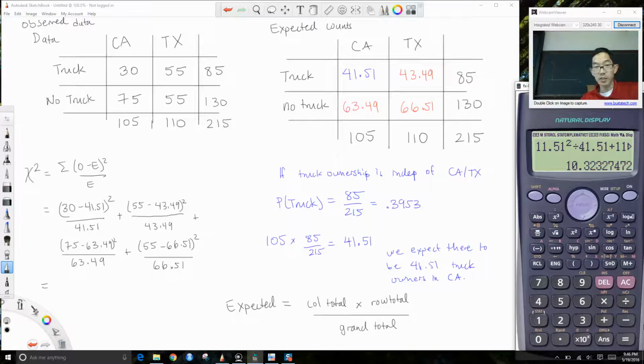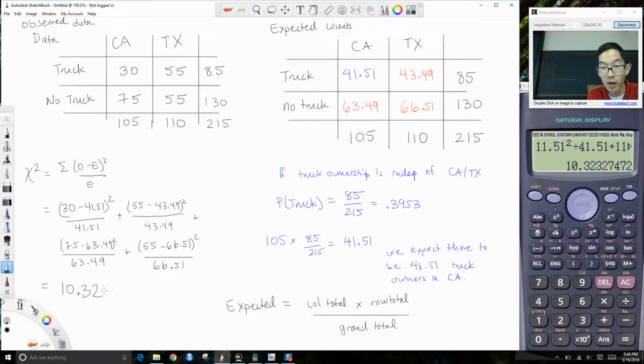Okay, so now I get a chi-squared value of 10.323. So this is my chi-squared statistic here.